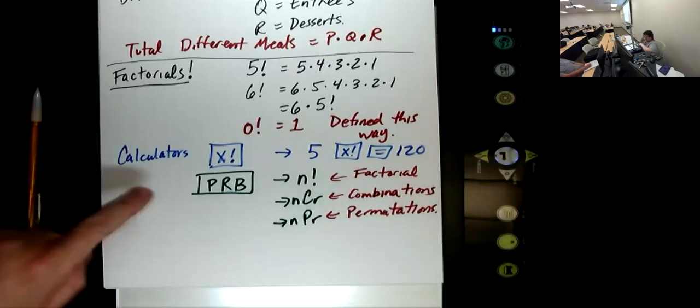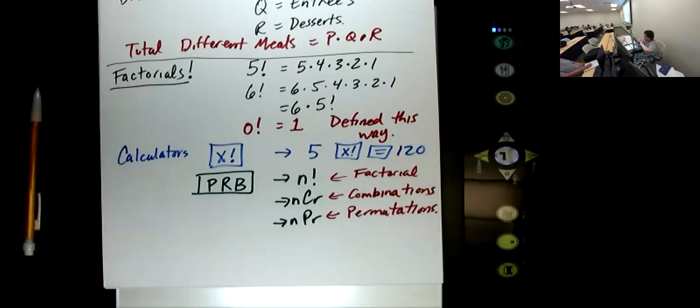Most calculators that have the x factorial have an equivalent of this, but it's usually like there's a shift key and alpha, where you hit one button and then another button and it accesses a different function. That's how my calculator is.